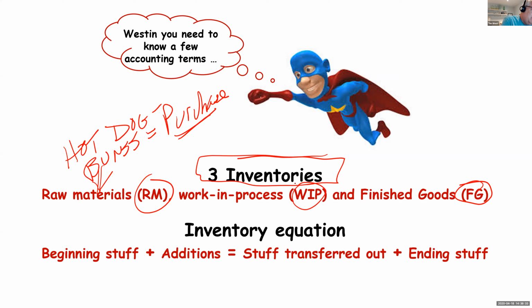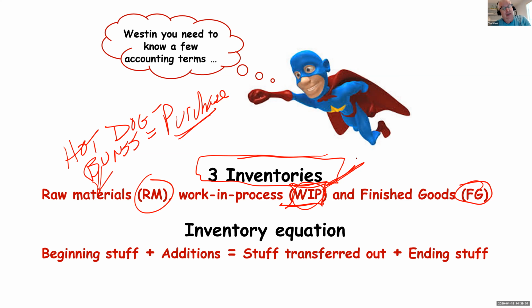Hey, what's the work in process here? That is a good question. I don't know that one. Well, work in process is the product that you're making that, at the end of a period, you may not have finished yet. So if I think about a day in Weston's world, at the start of the day, I probably don't have any hot dogs and buns ready to make.